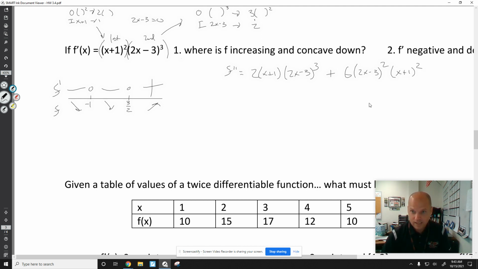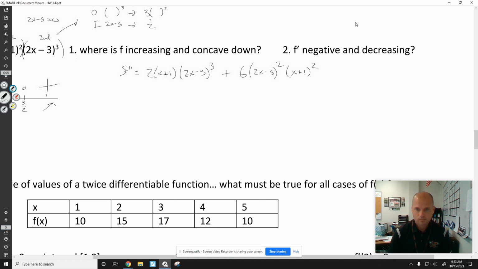To solve this set equal to 0, we need to factor. You could write it as 2, I don't know, let's use a and b. 2ab cubed plus 6b squared a squared. Maybe that helps you.